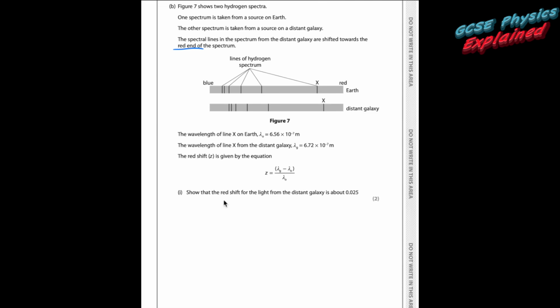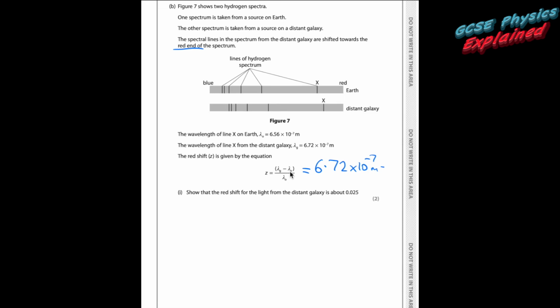Part 1. Show that the redshift for the light from the distant galaxy is about 0.025. So we just basically need to pop the numbers in. The wavelength of the distant galaxy, 6.72 times 10 to the minus 7 meters.